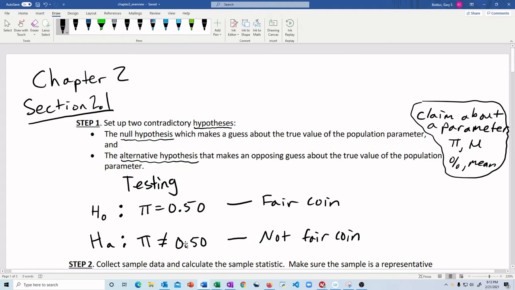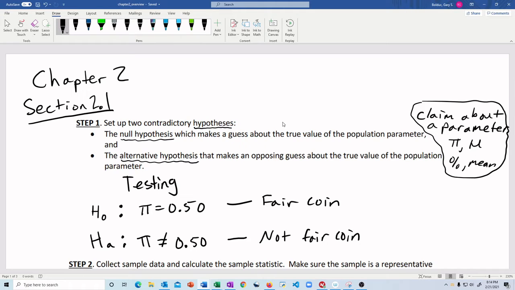The example I have down here is us doing work on the fair coin. I give you a coin. I claim it's fair. You guys have done a great job saying, okay, I know what that means. I know that means that it should get heads 50% of the time. So see what you did there.